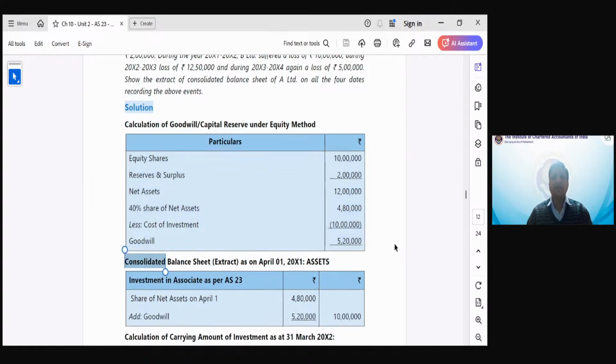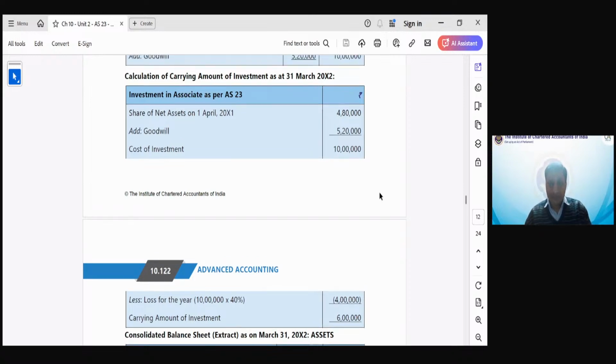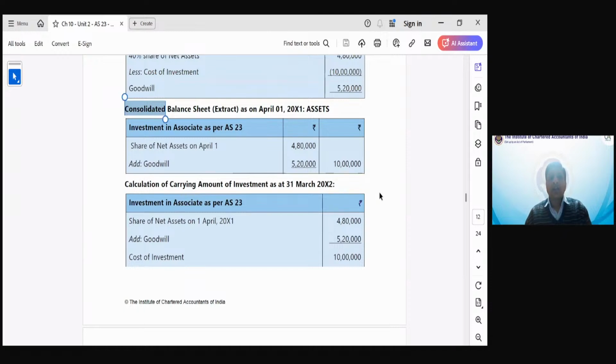As at 31st March X2, if you look at the cost of investment, which had share of net assets as 4,80,000, goodwill as 5,20,000, sum total of which was 10 lakhs, the same amount we are carrying.